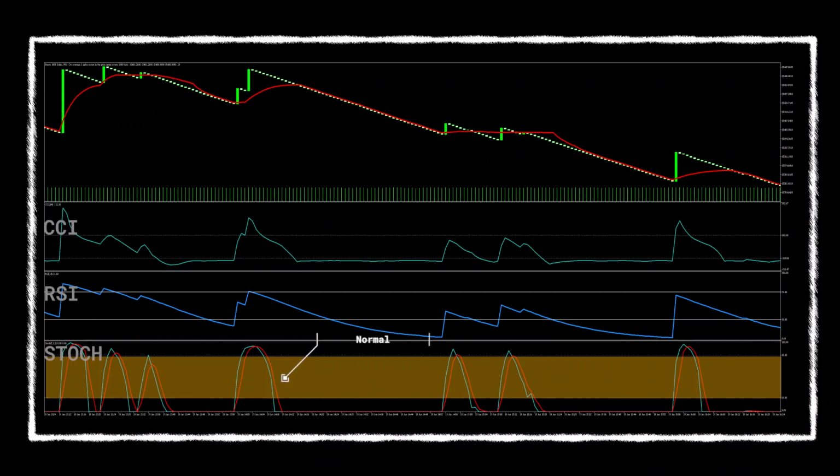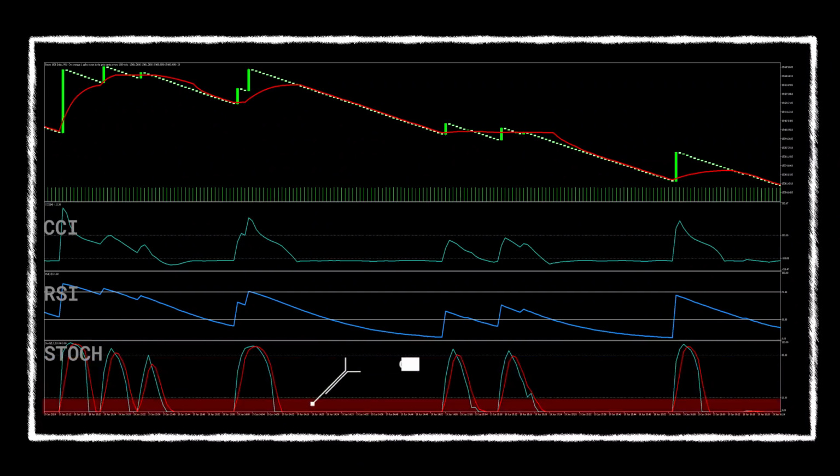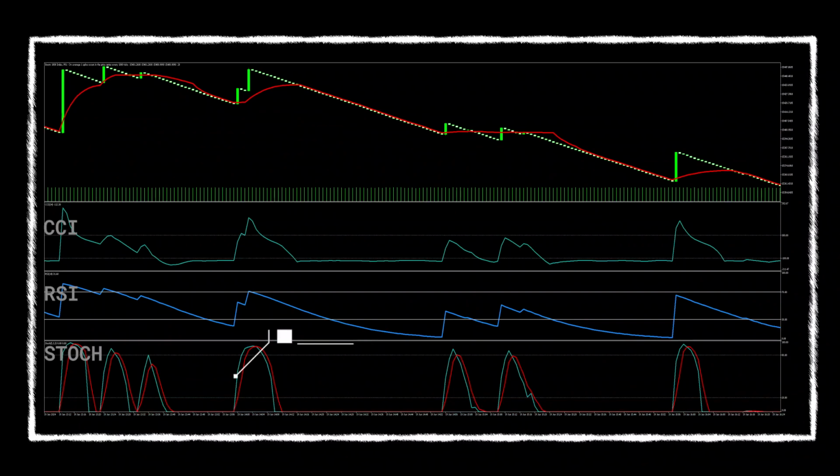This indicator consists of two lines, the K line, which is the main line, and the D line, which is a moving average of the K line. Crossovers between the K and D lines are used to generate trading signals. A bullish signal is generated when the K line crosses above the D line, indicating a potential buying opportunity. When the K line crosses below the D line, a bearish signal is generated, indicating a potential selling opportunity.